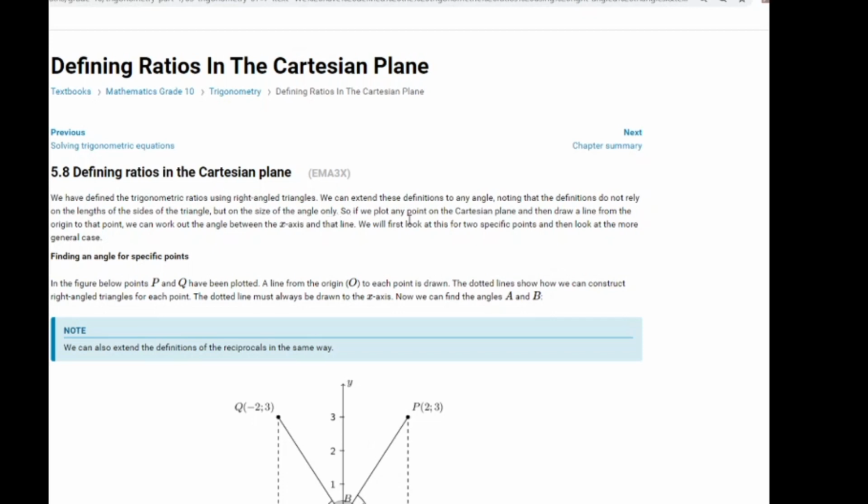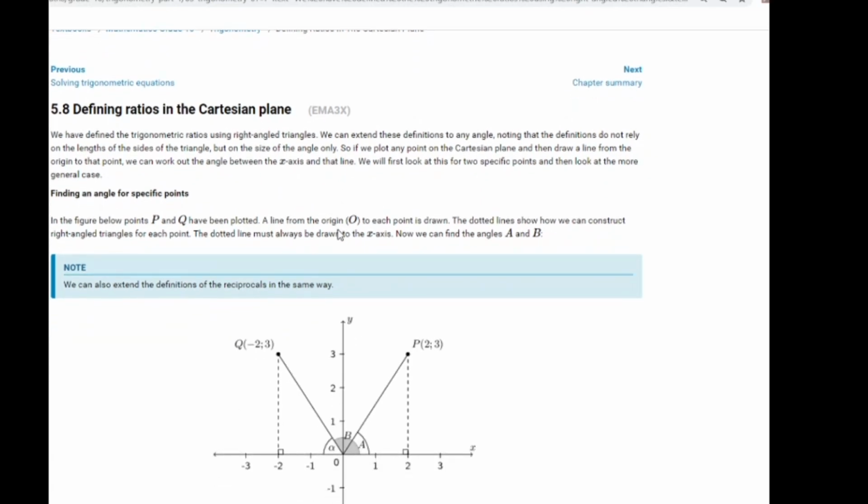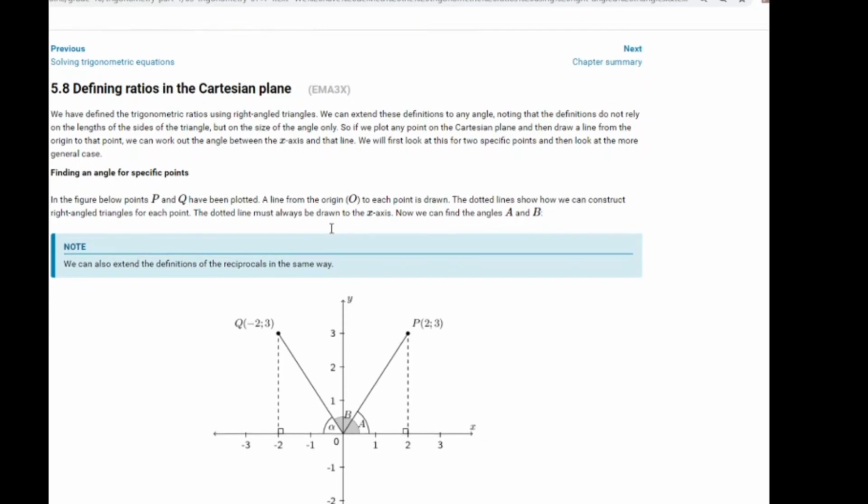So if we plot any point on the Cartesian plane and then draw a line from the origin to that point, we can work out the angle between the x-axis and the line, right? We will first look at this for two specific points and then look at the more general cases.